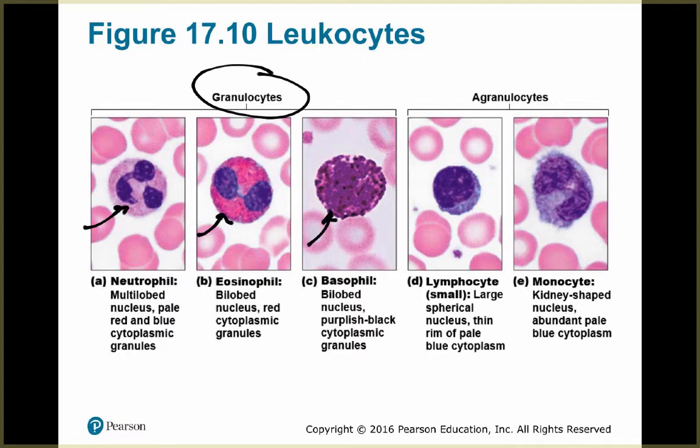Agranulocytes do not contain visible cytoplasmic granules, so when they're dyed, you can't really see any dots in there, versus in the granulocytes. We're going to go over each side, and they're subdivided. The granulocytes are neutrophils, eosinophils, and basophils, and the agranulocytes are lymphocytes and monocytes. We're basically going to review these and talk about what each one does.